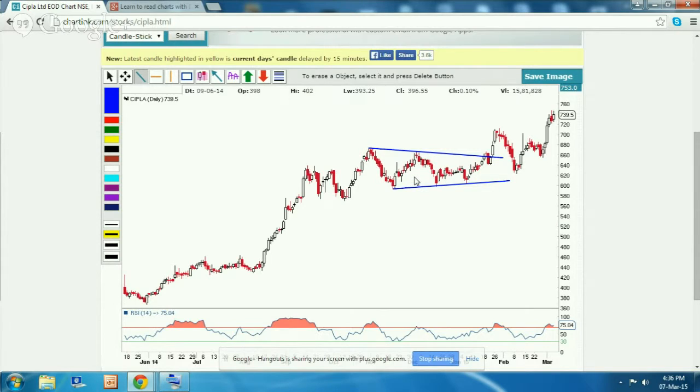A symmetrical triangle is also a continuation pattern. It is a temporary resting phase in the uptrend. Before the triangle, there was an uptrend. After the triangle, the uptrend has continued. Now, price after breaching the triangle has come back into the triangle and then jumped up. So a little aberration is seen, but nevertheless, this is a continuation pattern.